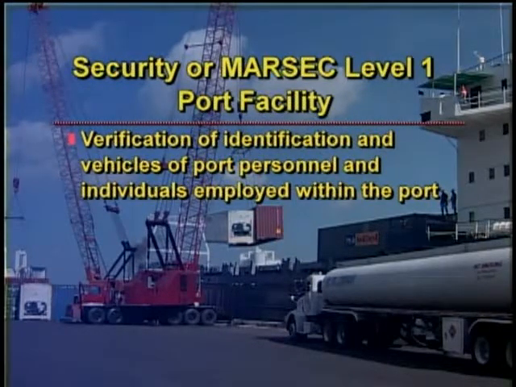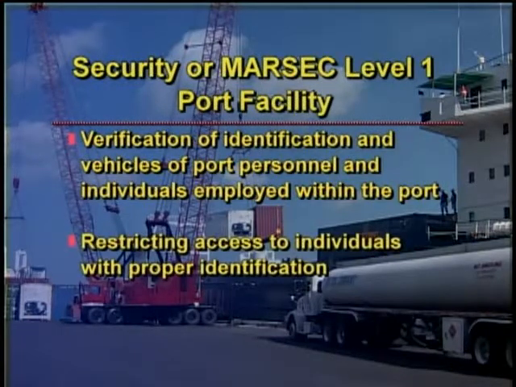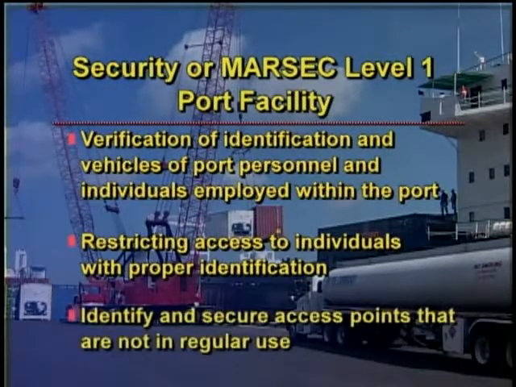Because remember, you don't want anyone coming in with a vehicle, only persons that are authorized to bring that vehicle into the port. The Port Facility Security Officer should also restrict access to individuals with proper identification. And finally, you should identify and secure access points that are not in regular use.